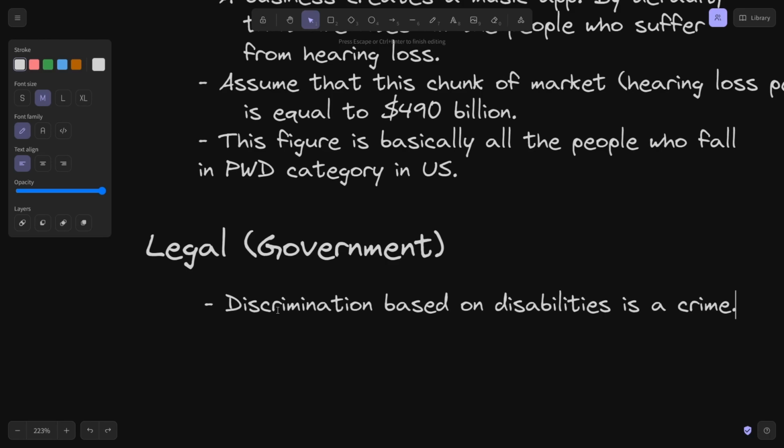So that means that if you are in this particular jurisdiction and you do not have an accessible website which passes certain standards, then you are liable for some sort of fine or some sort of criminal proceeding against you as a business. Okay, so that forces the business, if they fall in that jurisdiction, to actually implement it.